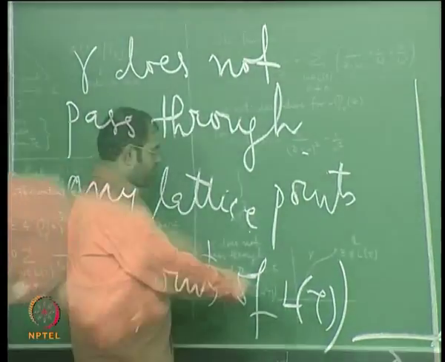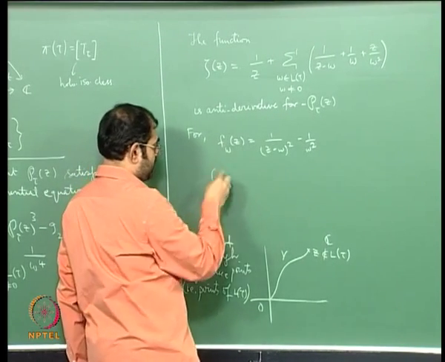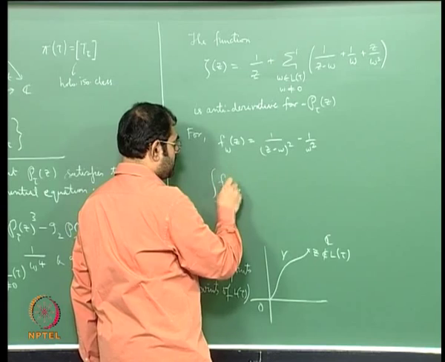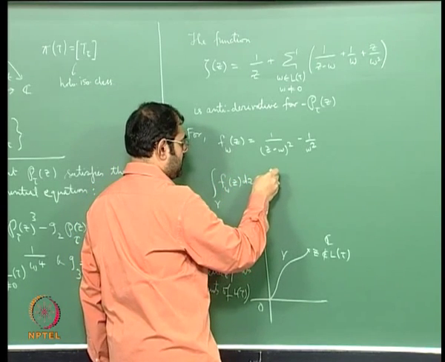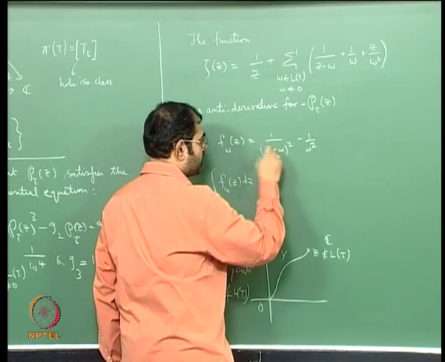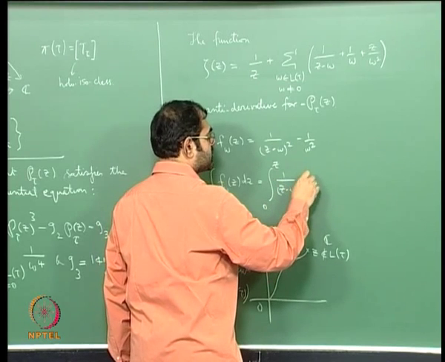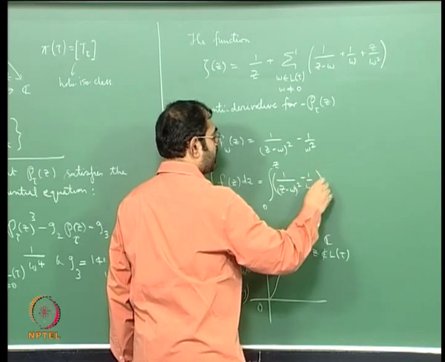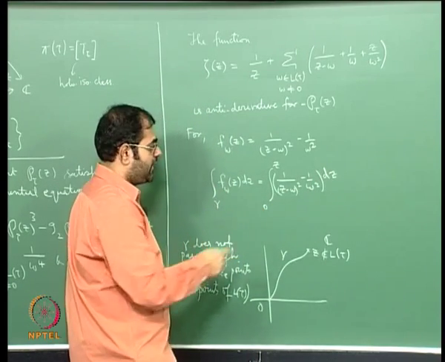Suppose I integrate f omega z dz over gamma. You can see that this is integrating from 0 to z of 1 by z minus omega the whole squared minus 1 by omega squared dz.